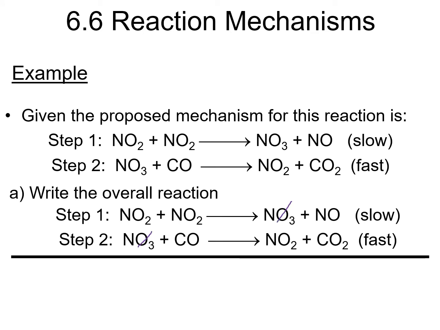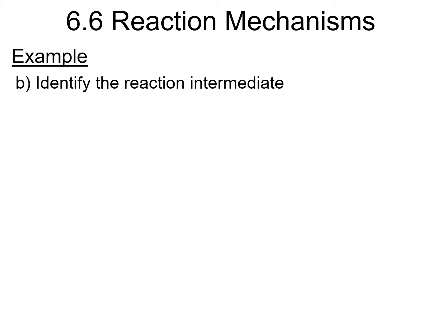Those go. We've got two NO2s here, and we have another one here. So let's cancel one there and one there. So we should have left for our overall, those are going to be our two reactants, and those are going to be our two products in any particular order. So there is your overall reaction for this one.